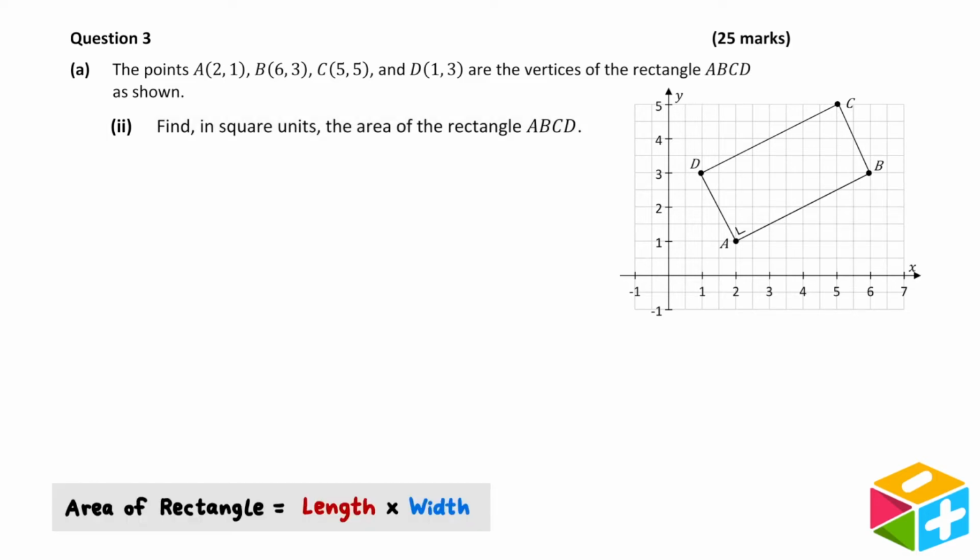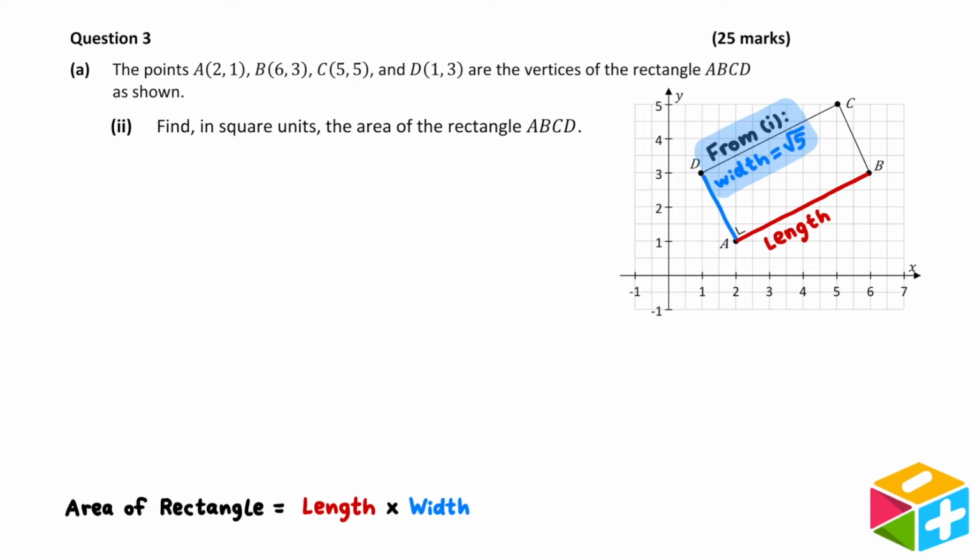Well, to find the area of a rectangle, we multiply the length times the width. Looking at our rectangle, I'm going to label the side AD as the width and the side AB as the length.